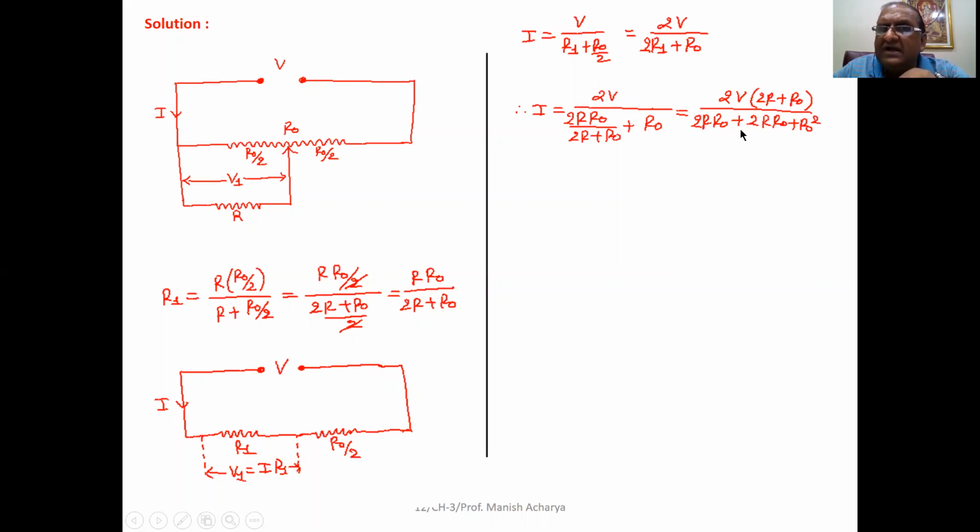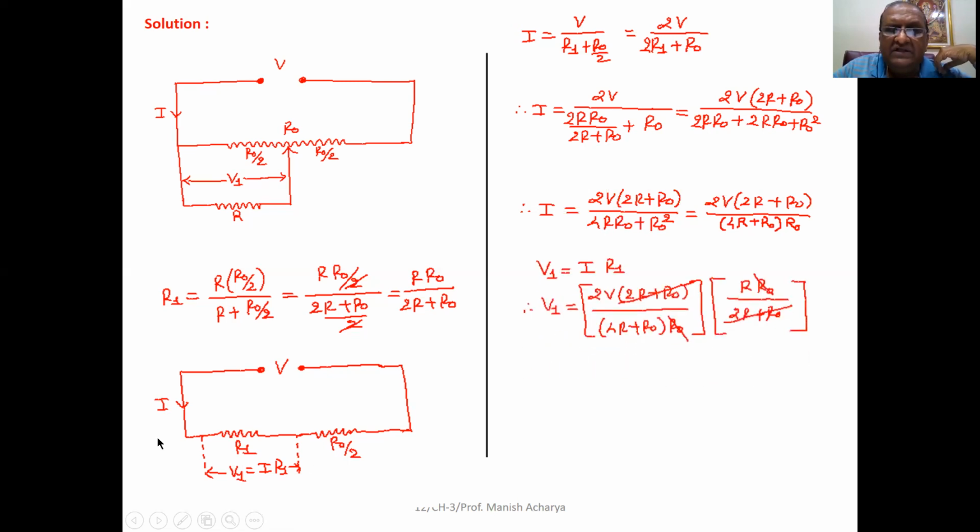Now this 2 R R0 plus 2 R R0 will give you I equal to 2V into 2R plus R0 upon 4 R R0 plus R0 square. Now in the denominator, if we take R0 common, the numerator is as it is, upon 4R plus R0 into R0.